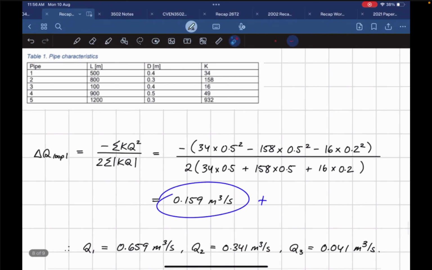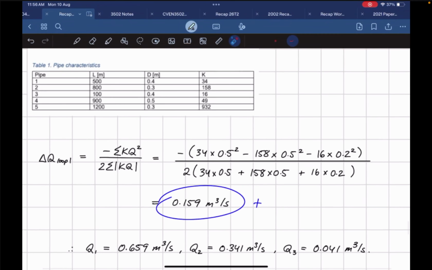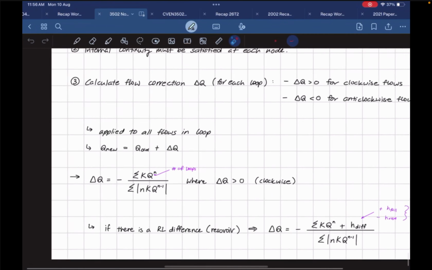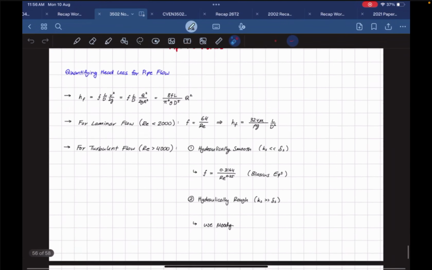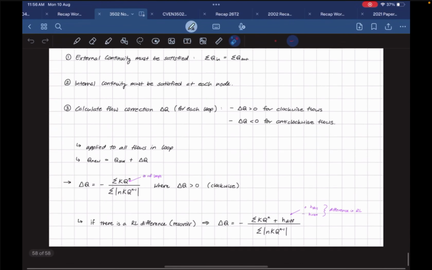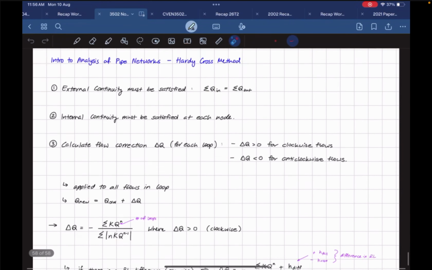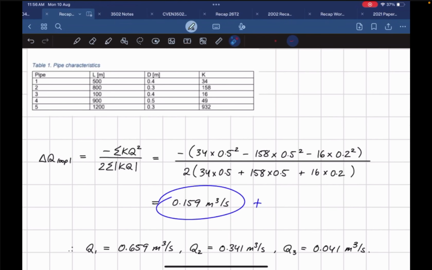Now, after you find your change in Q, when you're finalizing the final answer for the flows, just be wary of which direction you've assumed for your loop.